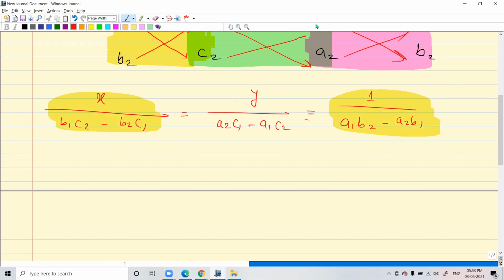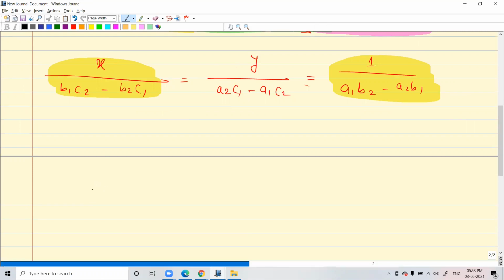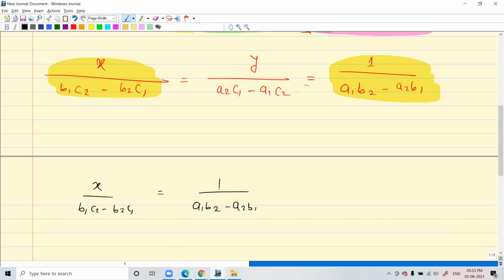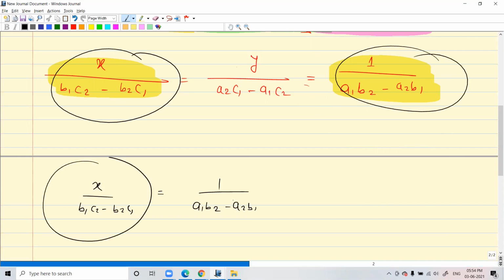So I can say that x by B1 C2 minus B2 C1 is equal to 1 by A1 B2 minus A2 B1. If all these three ratios are equal, then the first one will also be equal to the third one, right? So that's what I have taken. I have made the first ratio equal to the last one.